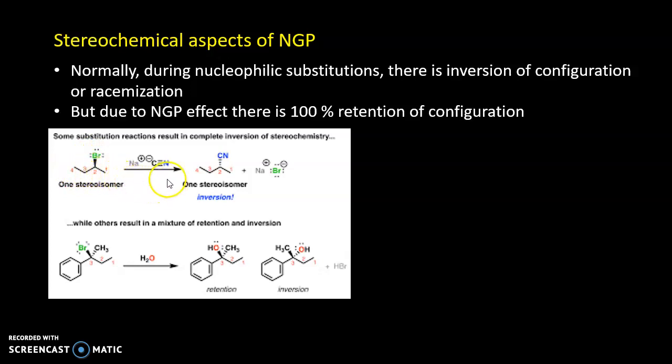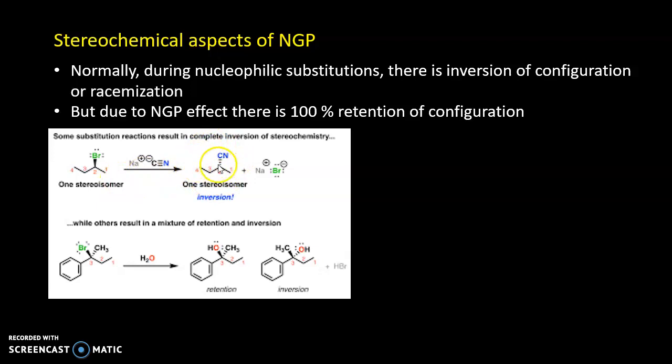Okay, so if we take some nucleophile on this arrow, then this nucleophile will attack this carbon from the rear side because this bromine is on the upper side. So this cyanide is the nucleophile here, it will attack from the rear side of this carbon, bromine goes away and there is formation of this product.